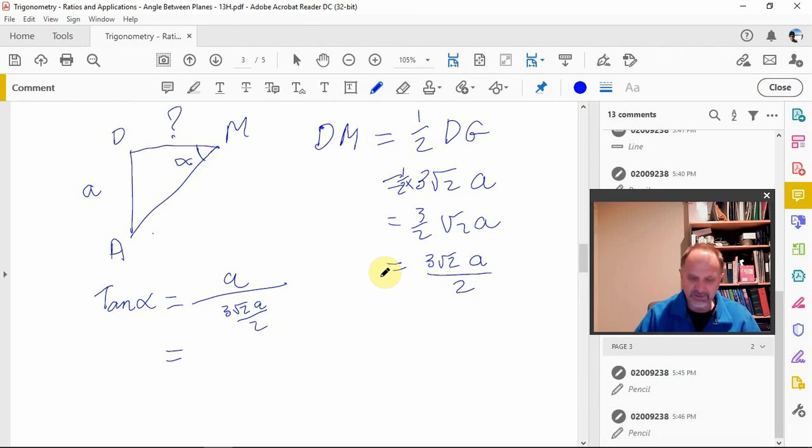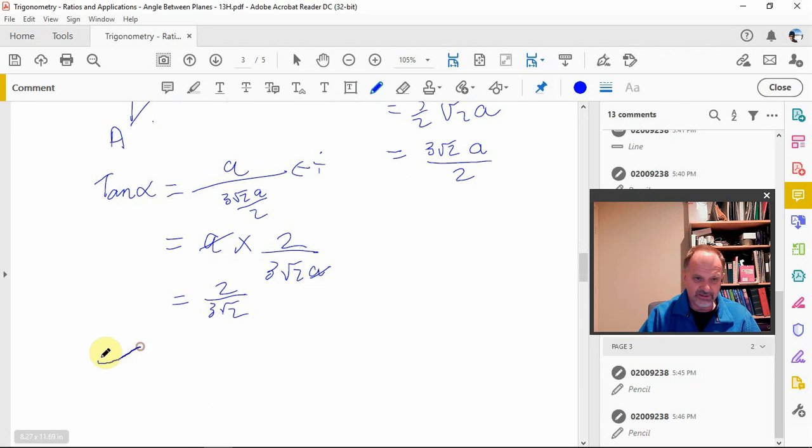So let's get rid of that. Turn it upside down and multiply. So the A stays as it is. This is divide. That changes to multiply, and we flip it. So 2 on 3 root 2A. A's cancel. Leaving 2 over 3 root 2.